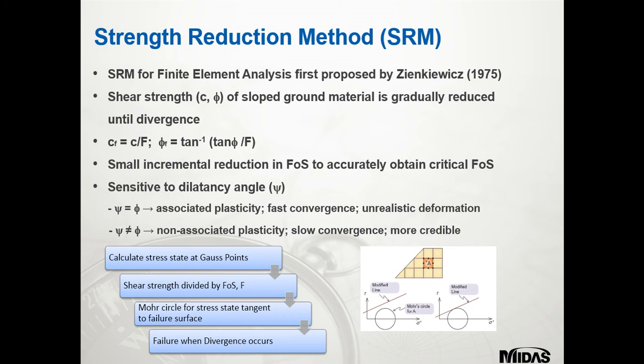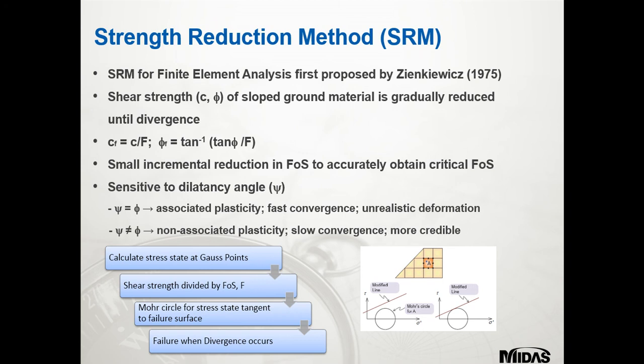It is important that to accurately obtain the critical factor of safety, the increment should be made in small steps. Typically, the initial factor of safety is kept as 1 from Janbu's method, and then it is incrementally increased. When checking the results for ground deformations, the user should keep the value chosen for dilatancy and the dilatancy angle in mind.